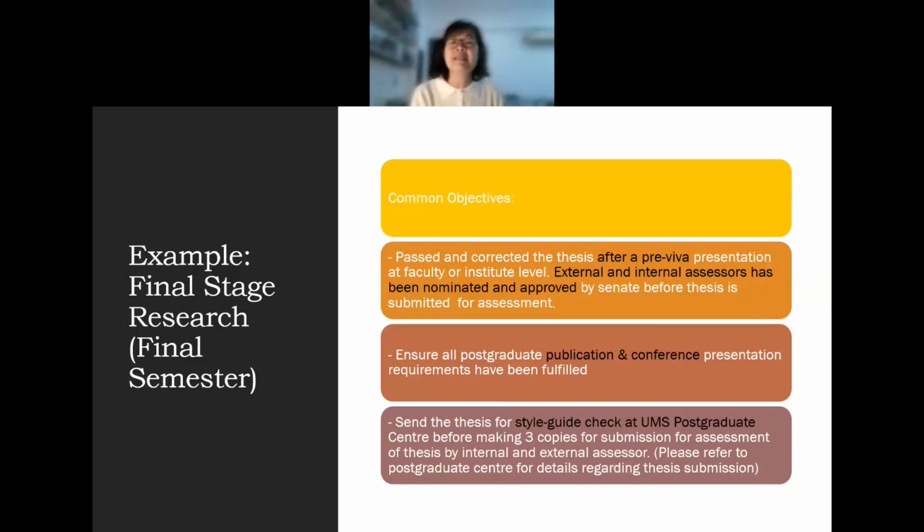It has to be presented at a faculty, meaning at the ASTiF level or at your institute level. And then after that only your supervisor can request from postgraduate to nominate external assessors. Your external assessors can come from the US, the UK, Taiwan, West and East Malaysia, and internal assessors are normally the lecturers inside the same faculty or academy.